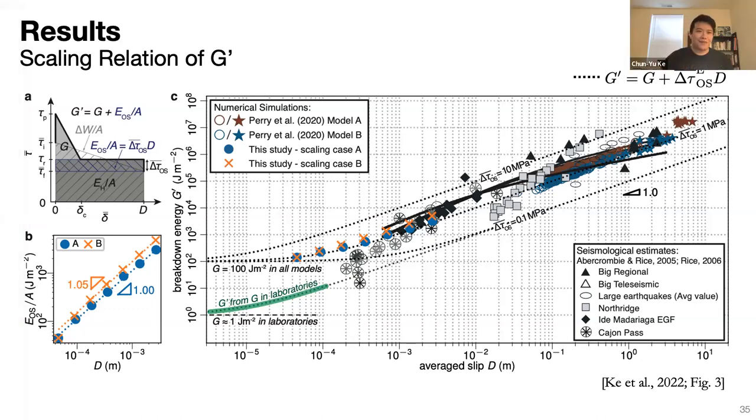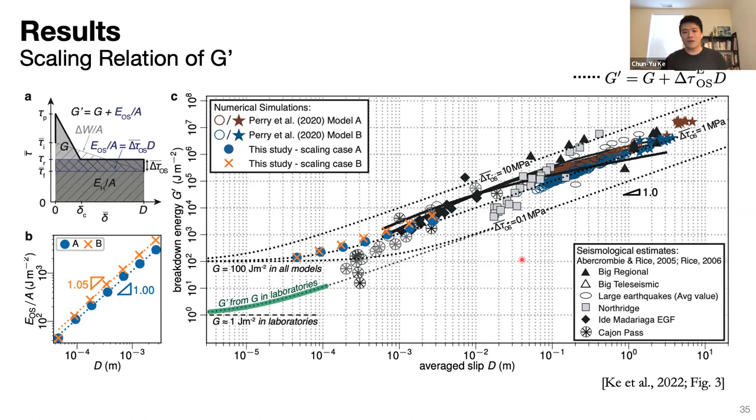I can only speak from the results of our experiment. So I'm not saying that fracture energy is definitely not going to scale. I'm just saying that maybe we don't have as much evidence that fracture energy is scaling, because apparently this G prime can scale even when G is constant.